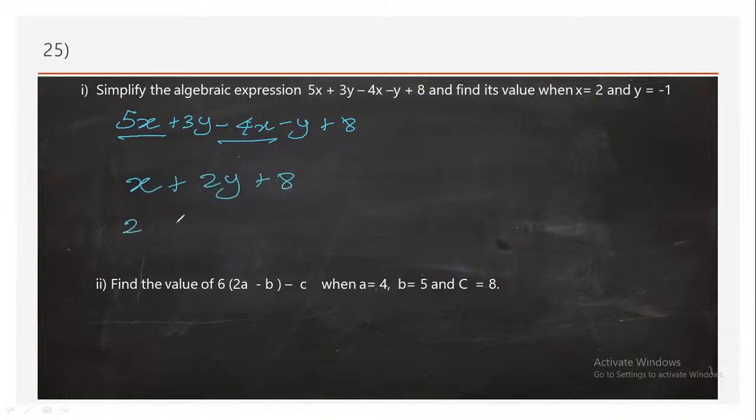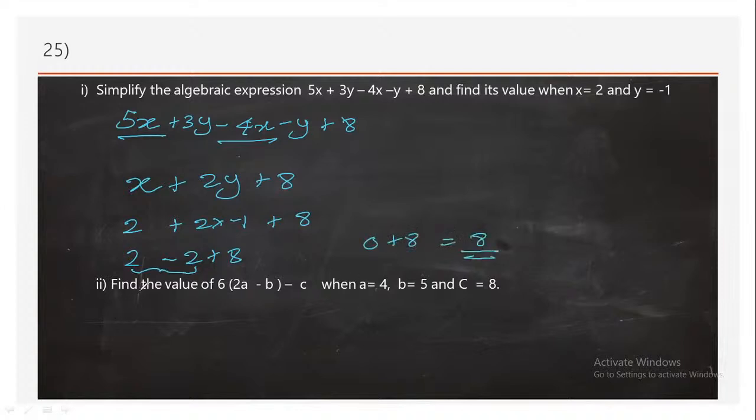X is 2 plus 2 into y minus 1. Minus 2 minus 2, 0. 0 plus 8. Answer is 8.